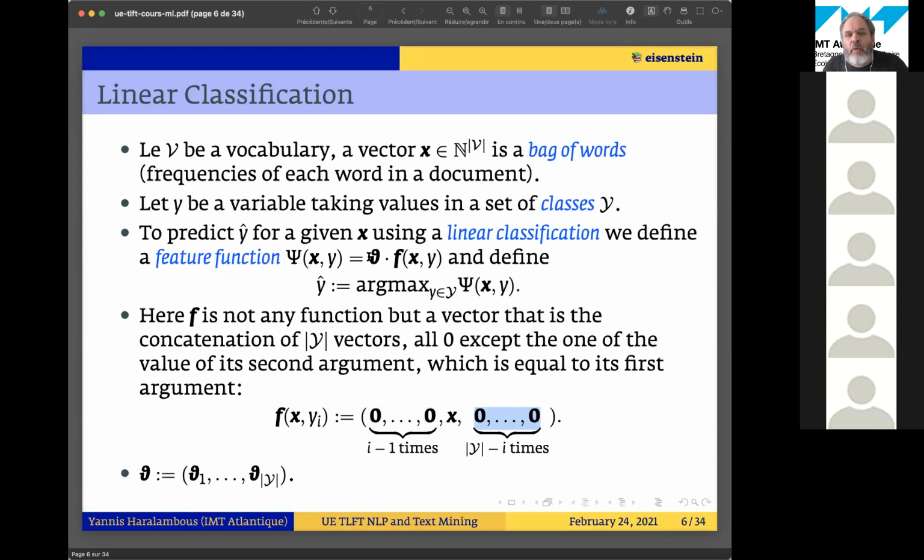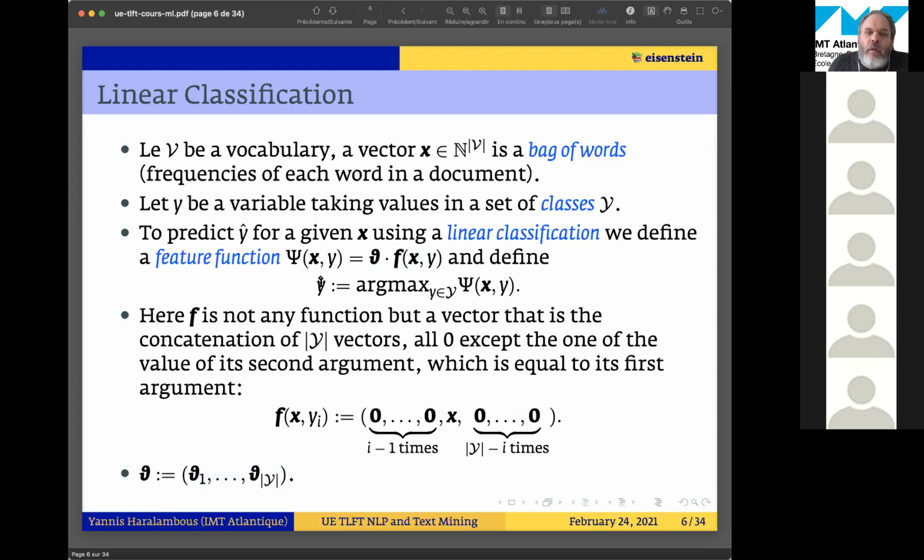And the scalar product will be such that depending on y, for each x, we will have the appropriate theta. So it's a trick to simplify notation.